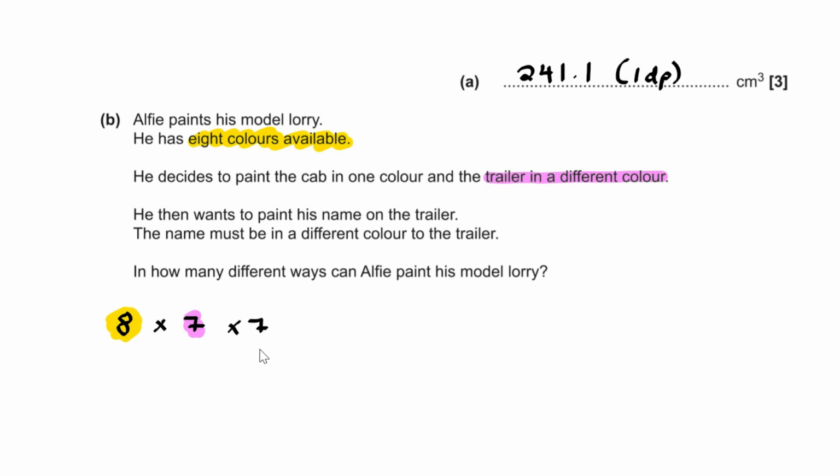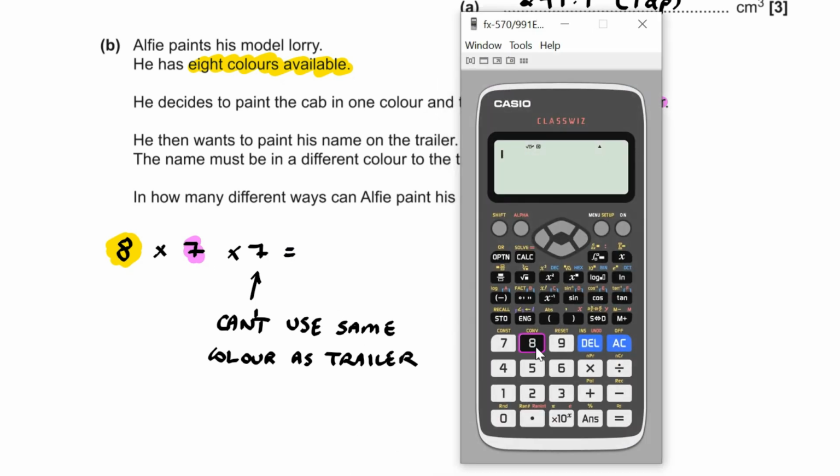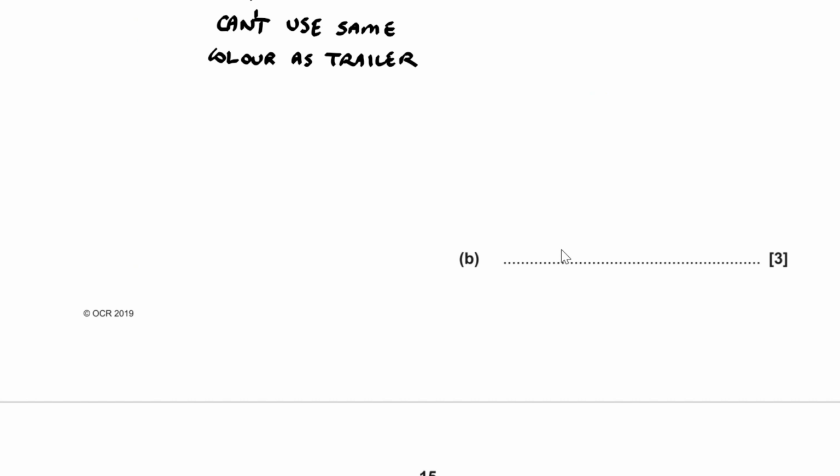So we'd have another 7 options available. So this is the fact that we can't use the same colour for the trailer. So we can't use the same colour we had here, so we've got another 7 options available, given we don't use this colour. So if we work all of this out, 8 times by 7 times by 7, that's 392. So we've got 392 different options.